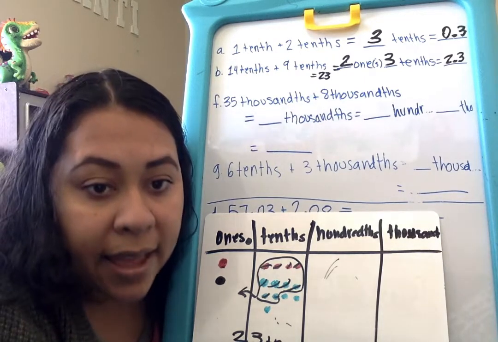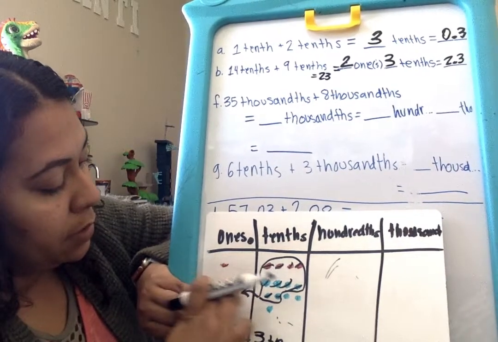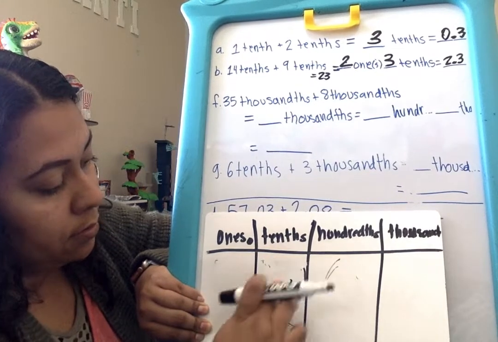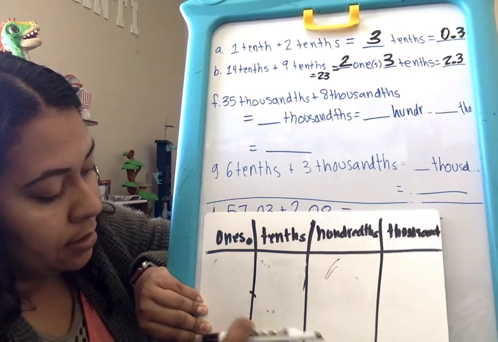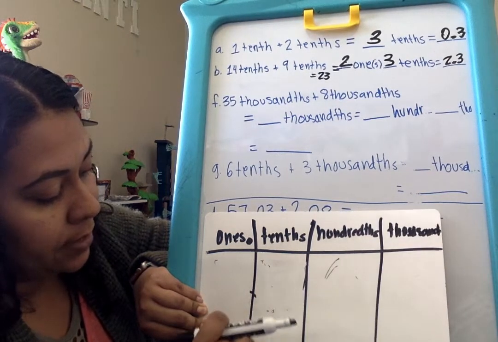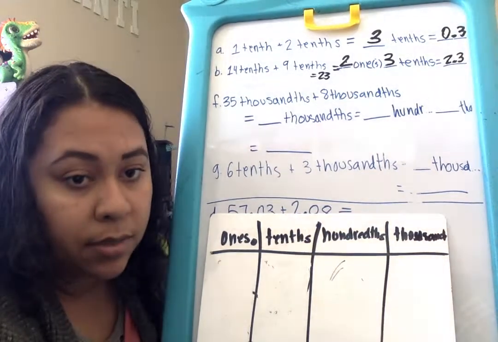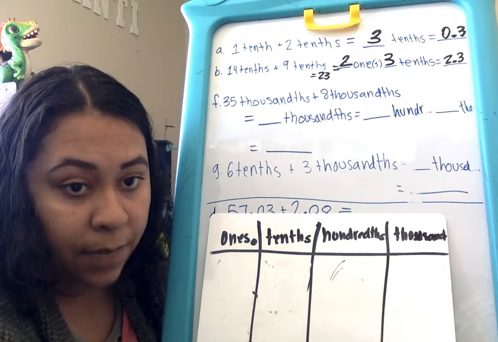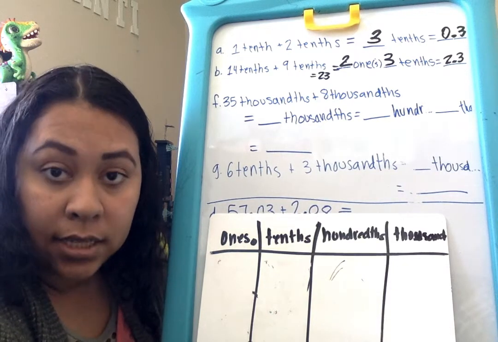So then we have F. F says 35 thousandths plus 8 thousandths equals blank thousandths, okay? So you can think about just 35 plus 8.